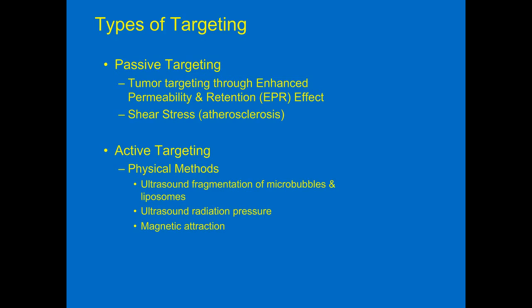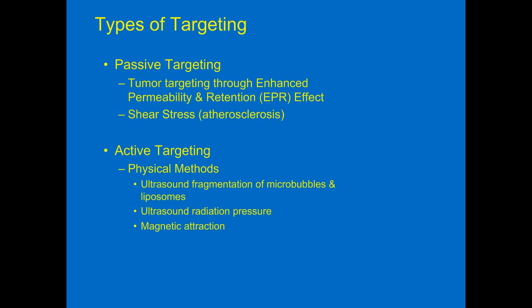However, if you change the ultrasound parameters to a lower level that will not destroy these vesicles, you can use the radiation pressure of the ultrasound to force these vesicles to the vessel wall, where they can then be more effective.